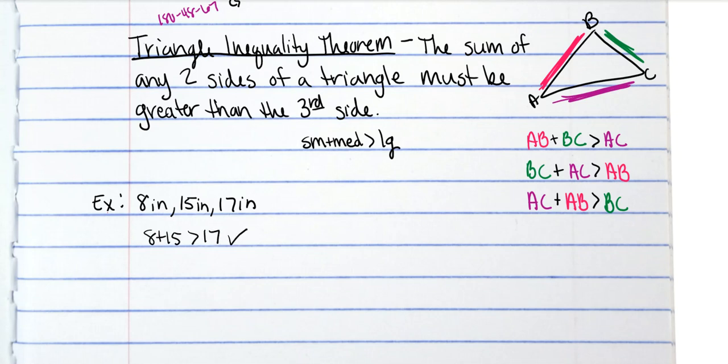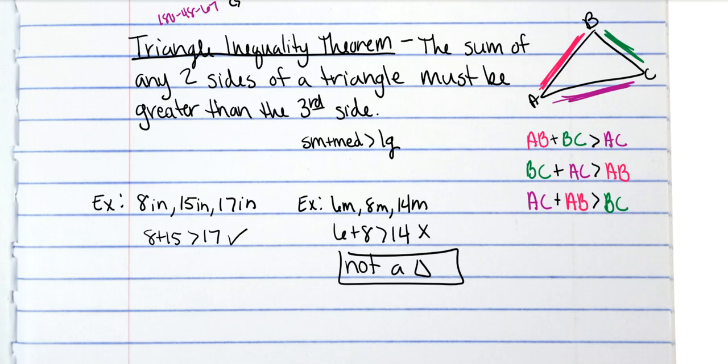Well, yes, it is. And that's all that really needs to check. Is the small plus the medium bigger than the large? Because the other ones are all going to work as long as the small plus the medium is bigger than the large. So then another example is 6 meters, 8 meters, and 14 meters. Is 6 plus 8 greater than 14? No, it's not. So this one would not make a triangle. Whereas this one would make a triangle.